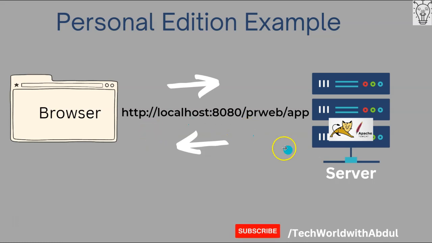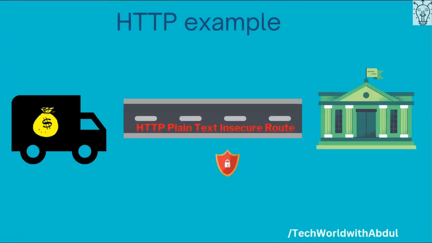Well, there is one problem here. The problem here is the information which is being sent over or being requested is not secure, in the sense that anyone who wants to intercept that request can intercept it and see that information because it is not encrypted. Imagine that to be, for example, a truckload of cash going to a bank through a route which is insecure.